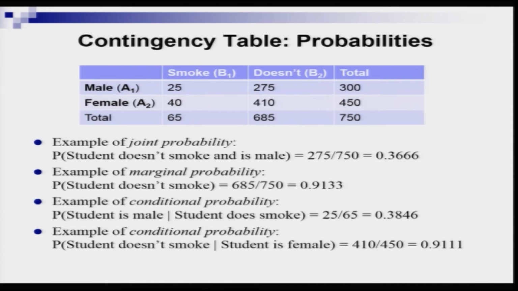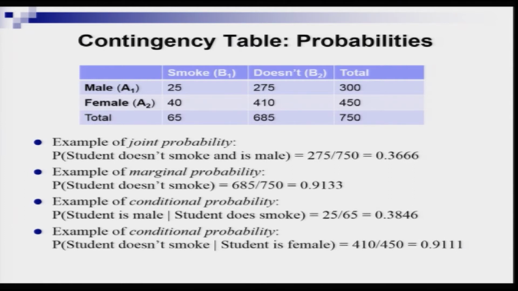Here note that I have already indicated the male and female as the events A1 and A2, and I have also indicated smoking and no smoking as events B1 and B2, so that you can compare this numerical exercise with the theoretical construction of probability measures that I have shown in the previous slides.